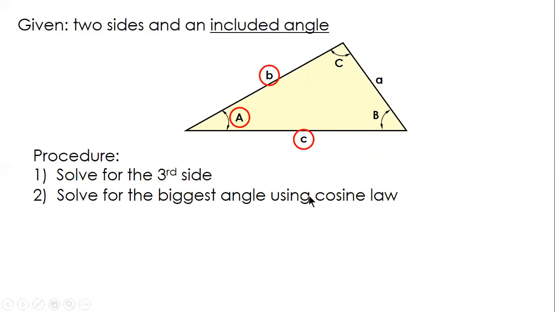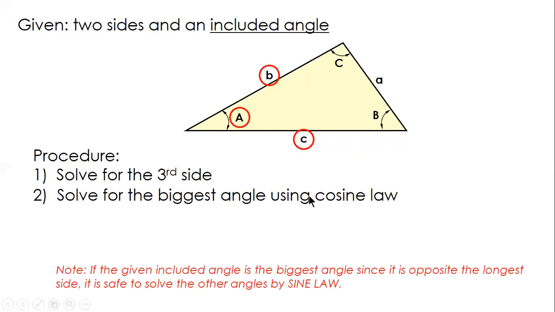Now, note, if the given included angle is actually the biggest angle, then it is okay. You can use sine law. It is safe to solve the other angles by sine law. But if it is angle C, solve the biggest angle first using cosine law, and not sine law.